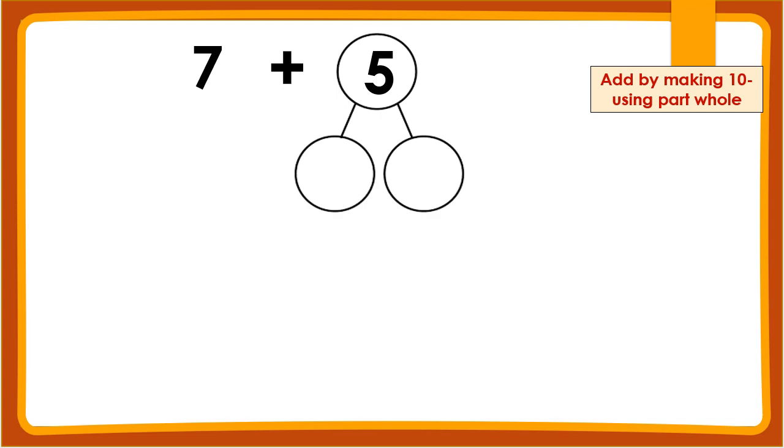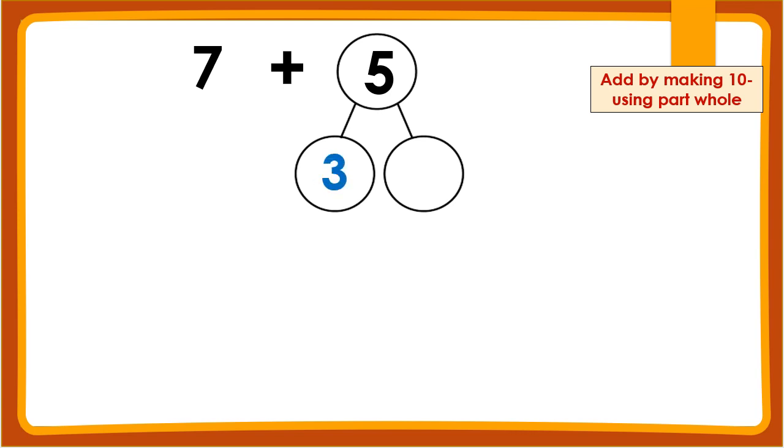But you have to be mindful in partitioning the number. Keep in mind that its other part should be the number bond of the first addend to make 10. So, what is the number bond of 7 to make 10? Very good. 3.